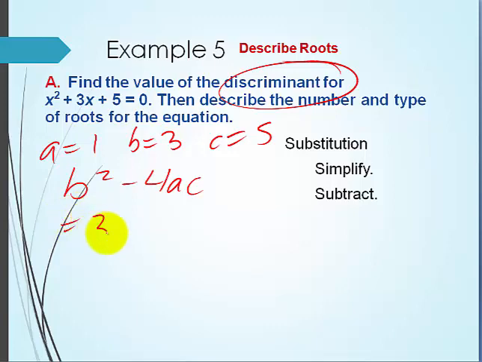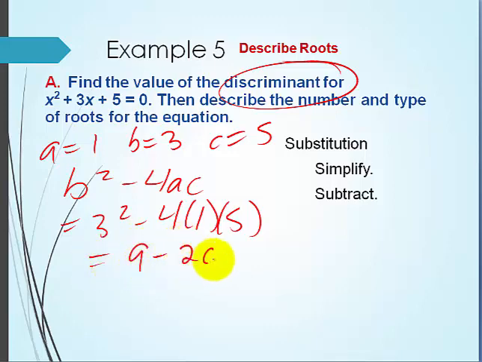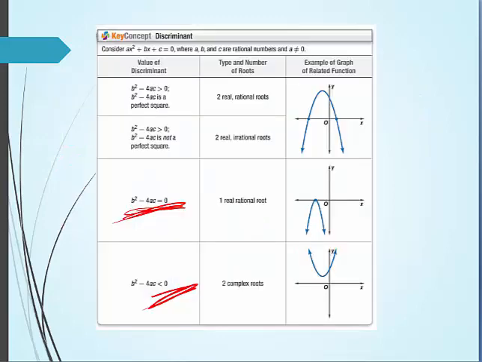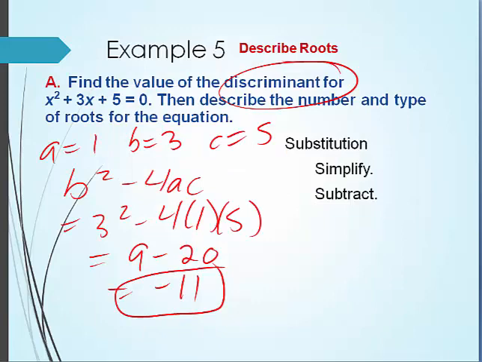We plug in 3 squared minus 4 times 1 times 5, which is 9 minus 20, which is negative 11. So this is a negative number. So if we go back to the sheet, if it's a negative number, that means we have 2 complex roots. So we would say 2 complex roots.